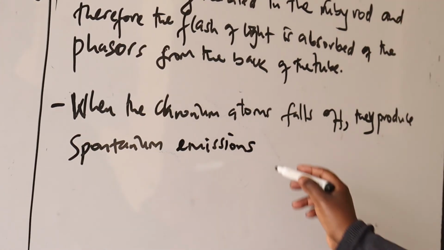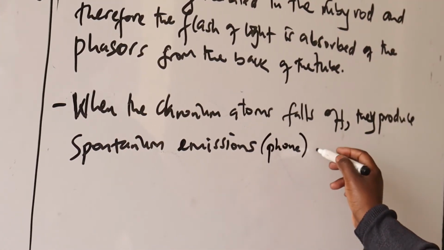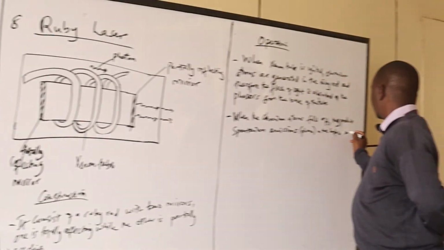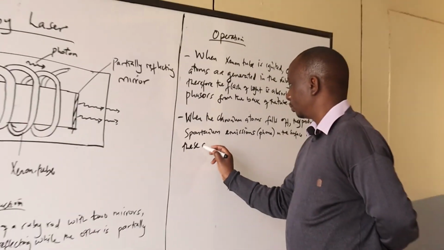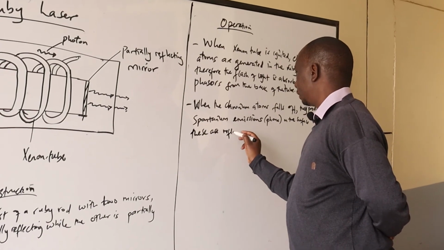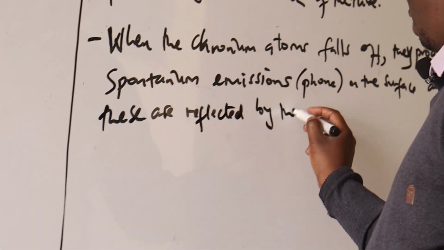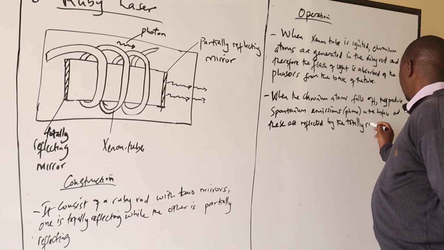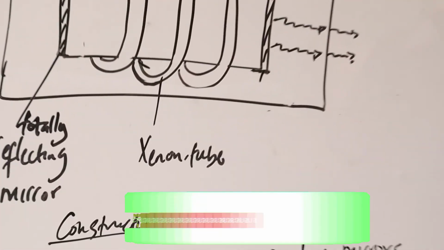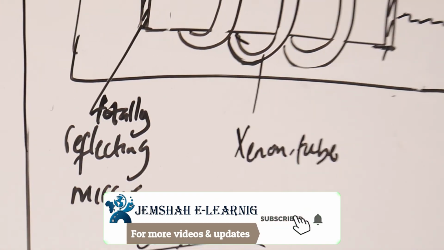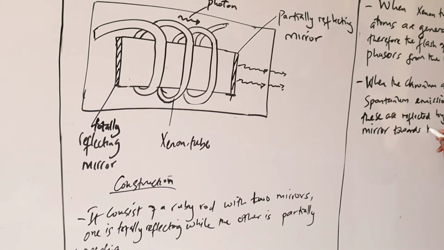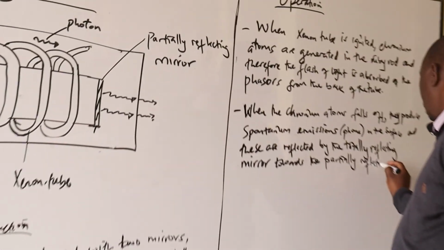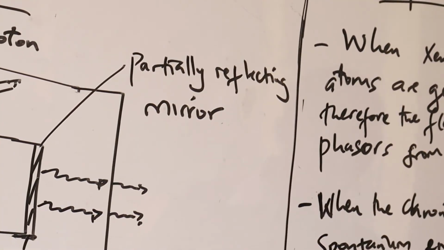In fact, these are what are referred to as the photons on the surface, and these are reflected by the totally reflecting mirror towards the partially reflecting mirror.